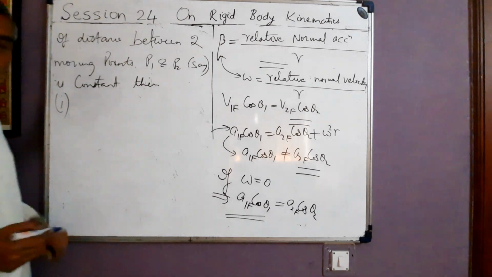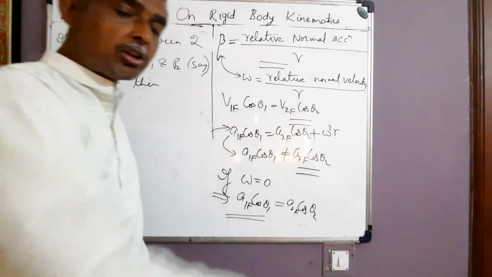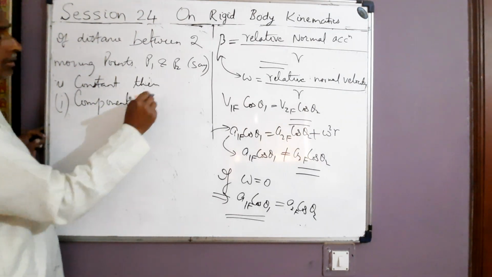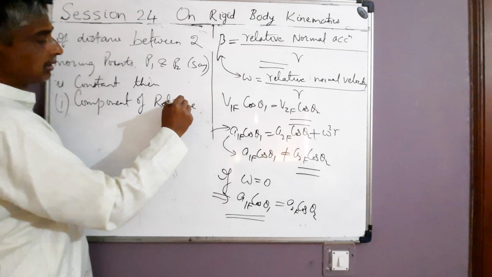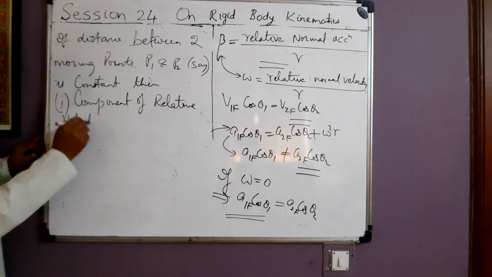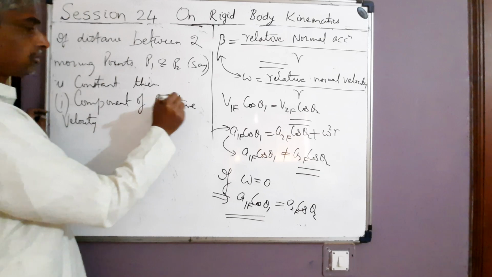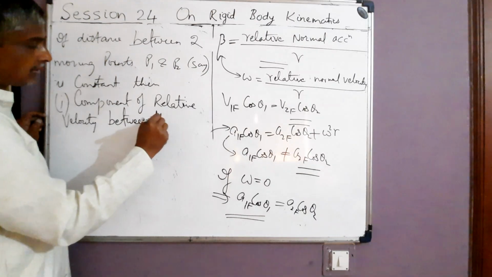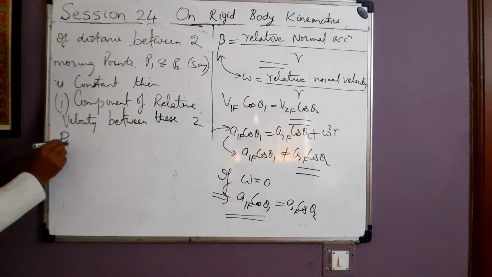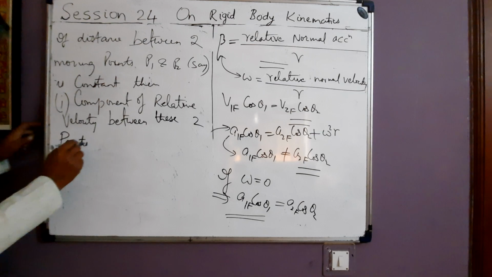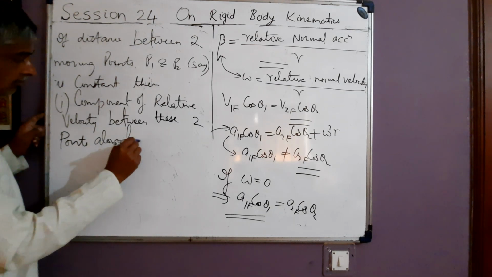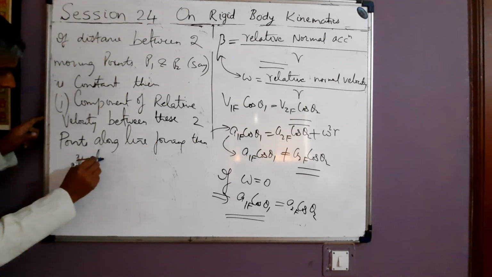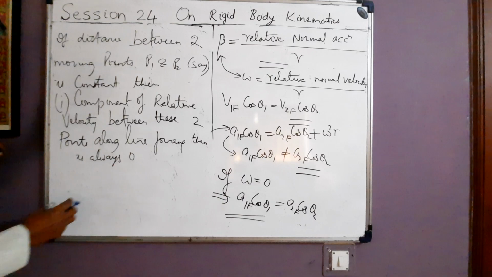First, the component of relative velocity between these two points along the line joining them is always 0.